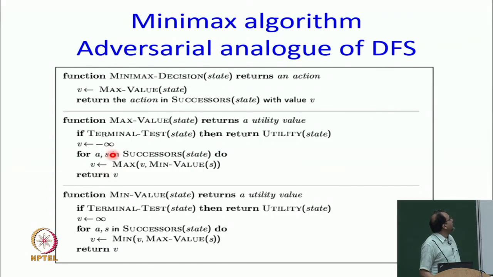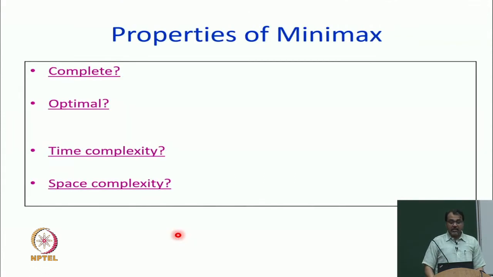So, I will find the max minimum valued successor, and for min I will find the min maximum valued successor, right. So, if I am max, for all my children, I will ask them to do the min, and then whatever min they have, I will pick the max, right, and recursively. So, this is Minimax.